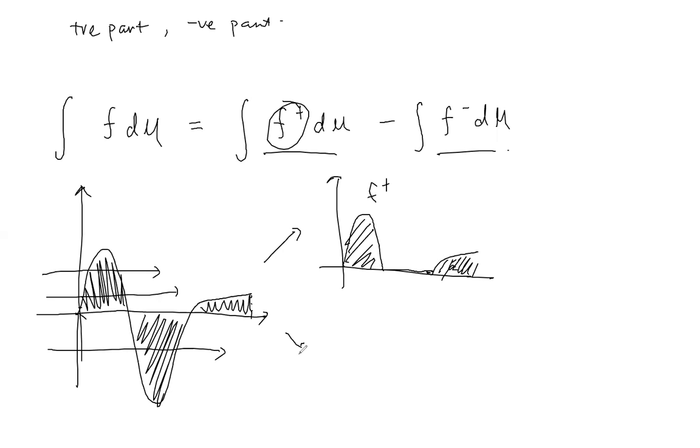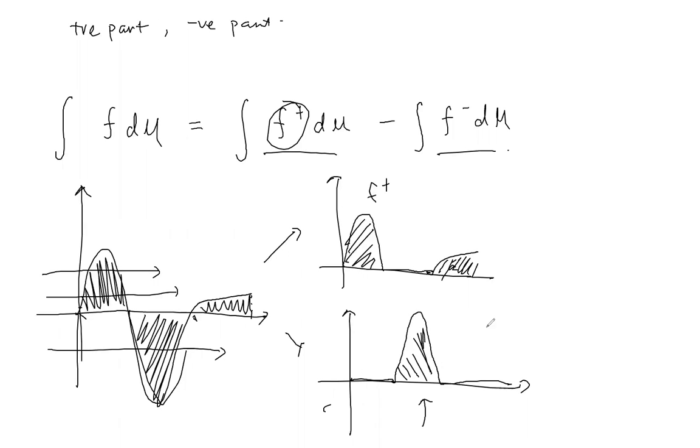And then I have f minus. f minus is basically this part, but I flip it up to the positive side. You take the negative part, but you flip it up. So this will be my f negative, and this area under the curve here will be this integral.